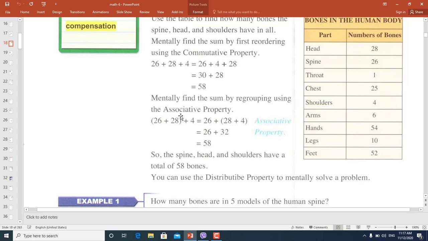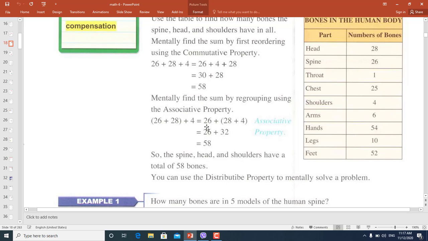Okay, so we have another property, the associative property. Look at there, we have parentheses in associative. Parentheses mean grouping. So we have 26 plus 28 in parentheses. Inside the parentheses, we make another two numbers, which will be easier for us.